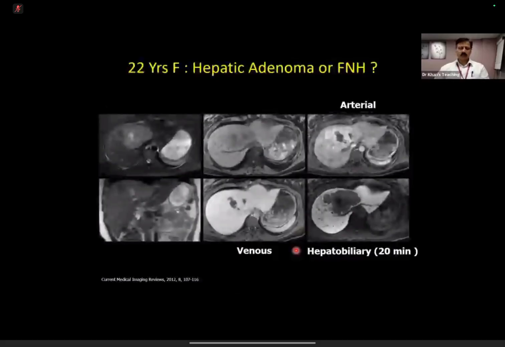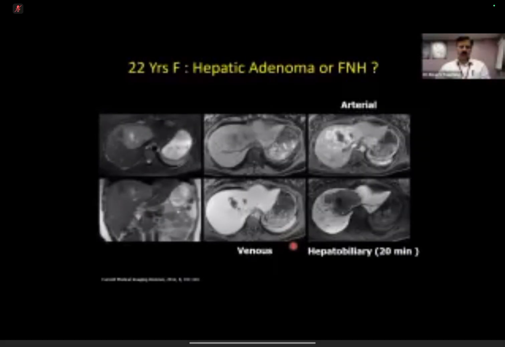Now, this is from literature. Candidate 1, I will take you through the case and you will tell me if this is an adenoma or FNH. On a T2-weighted sequence, intermediate signal may be a central scar. Please remember, central scars can be in FNH. At times they can also be in adenoma. There are so many things in which there can be central scars.